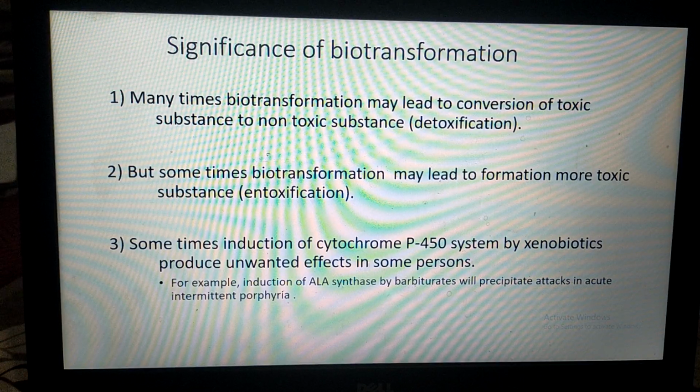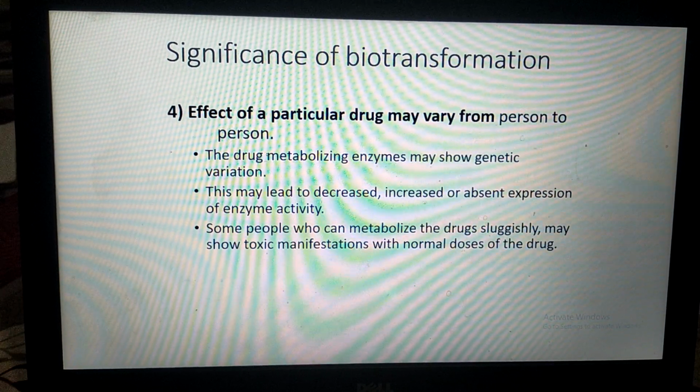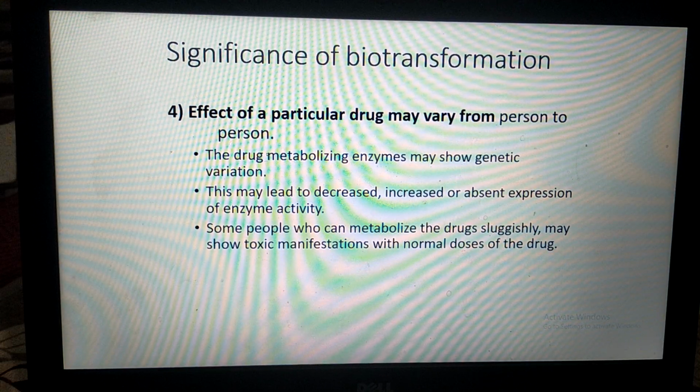Now, biotransformation is also important, particularly to study the effect of a drug, which varies from person to person. As I have told you, some persons show lower activity of the cytochrome P450 enzyme system due to genetic variation.